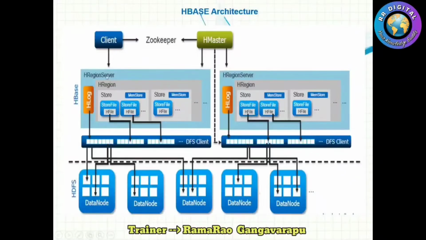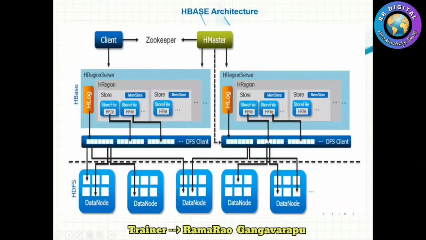So we have n number of H region servers, and inside each H region server an H region is also available. Now this H region will store your data in an H file.